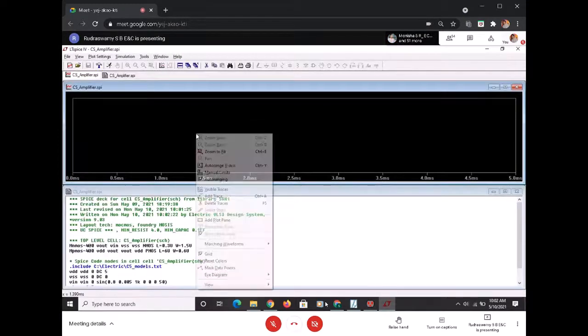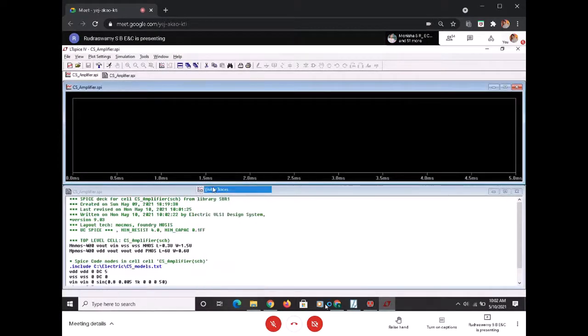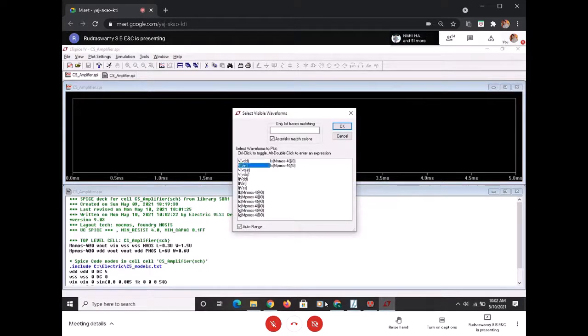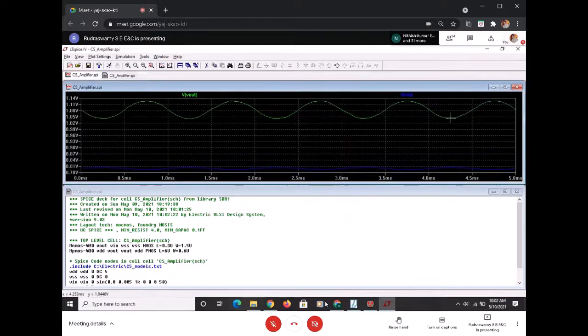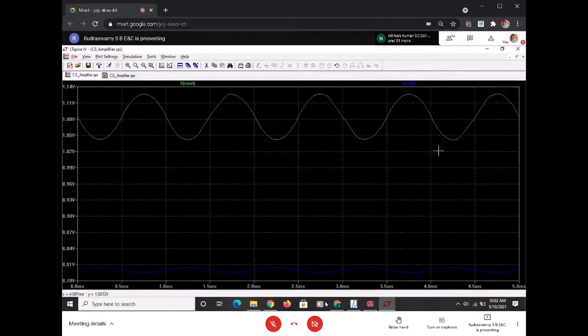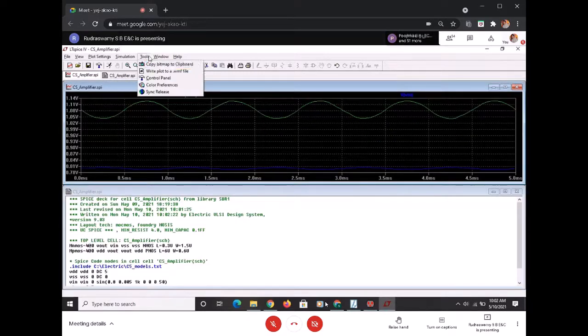I can now go in with visible trace, V in and V out. Can you see this input signal and the output? The top is the output, whereas the bottom is the input. If you want one more, I can go for add trace.